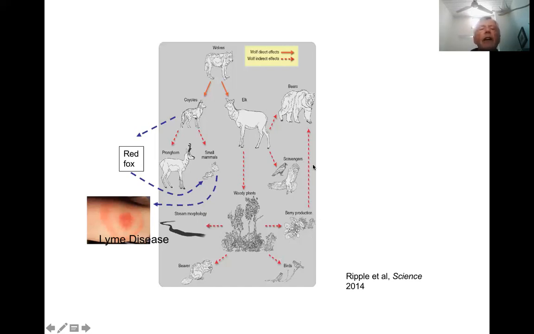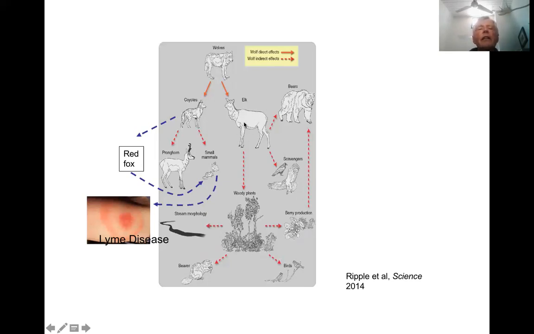So this interaction from wolves to elk to plants to the fruits of the plants feeds back and has a very strong impact on the bears and their diet. And so what people have seen as the wolves have recovered is that the importance of berries in the diet of the bears has increased as well.